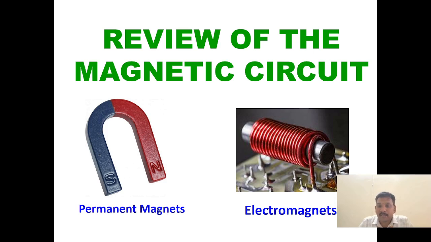The right side image shows the electromagnet, which can act as a magnet when you energize the coil placed on the core. Here the core is surrounded by a coil. When you excite the coil with a DC supply or AC supply, that will create a magnetic field.